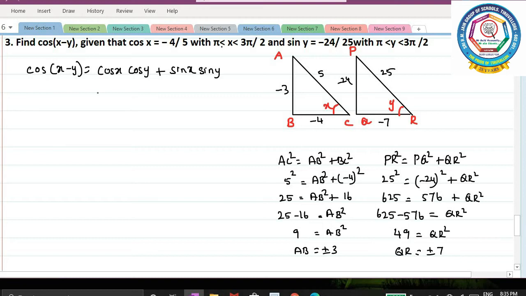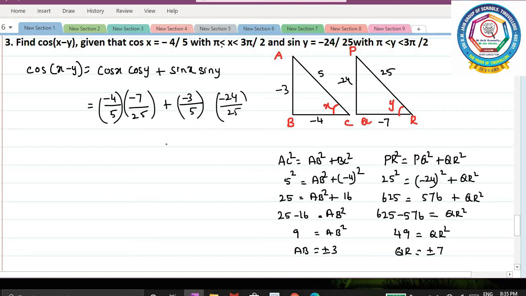Next, you have to substitute. Cos x is equal to adjacent side by hypotenuse, that is given, so minus 4 by 5 into cos y. Cos y is adjacent side by hypotenuse. Adjacent side is minus 7, so minus 7 by hypotenuse 25, plus sin x. Sin x is equal to opposite by hypotenuse. Opposite is minus 3 by 5, into sin y, which is given, minus 24 by 25. We have to simplify.